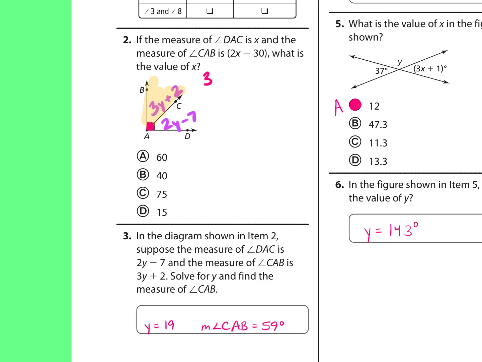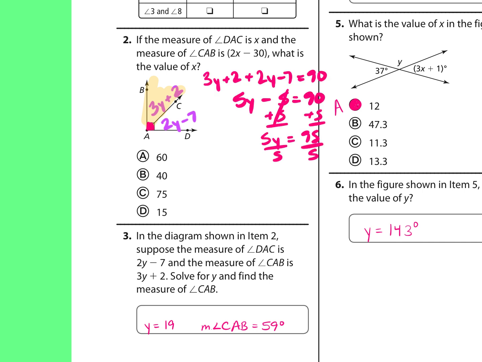So we could just add them together and say 3y plus 2 added to 2y minus 7 equals 90 degrees. Combining like terms, we get 5y minus 5 equals 90 degrees. We can add 5 to both sides to get that 5y is equal to 95. And then divide both sides by 5 to get that y is 19.